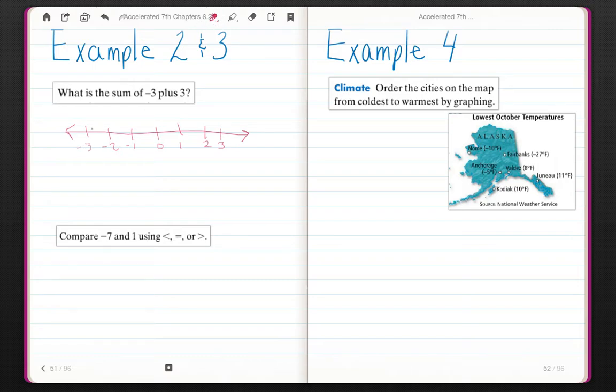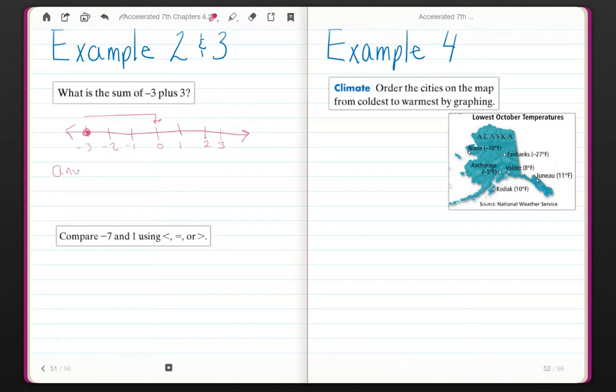So if I have -3 right here, and I want to add its opposite, 3, well, they're both a distance from 0. One's just a positive distance. So if I start here and I add 3, I'm going to end up right here at 0.